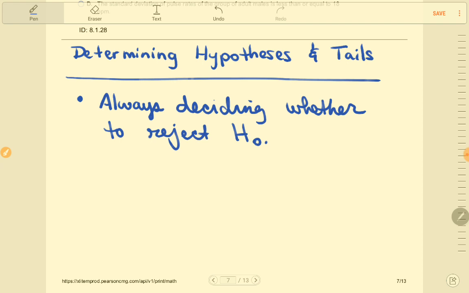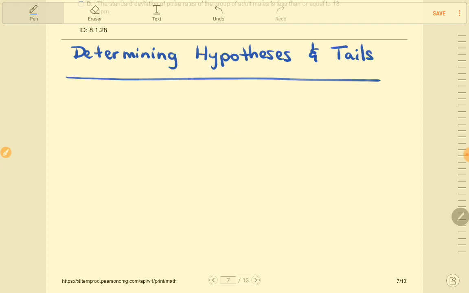Right? That's important. All right, so now let's talk about how to state your hypotheses based on your claim. So let's do some examples.